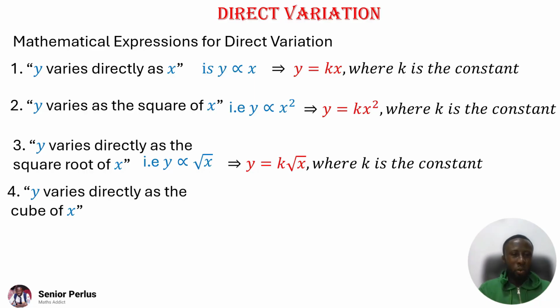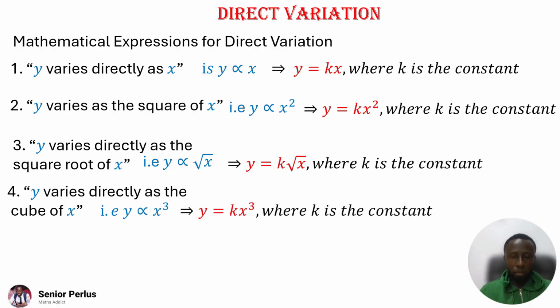4. Y varies directly as the cube of s. We all know cube, okay? So this is y varies directly as the cube of s. Then you put it in equation form, y equals k multiplied by the cube of s, where k is the constant of proportionality.